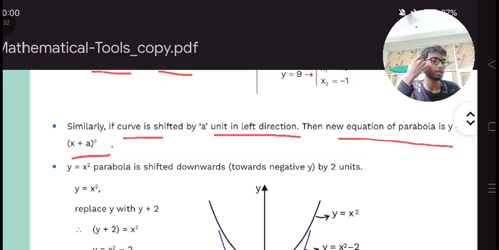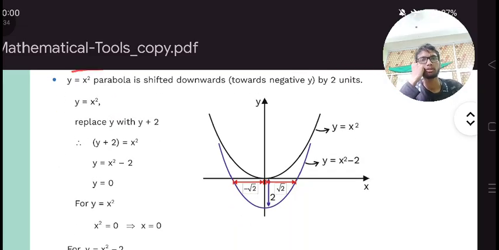What is happening over here? If the curve is shifted in this direction, and with how much unit? For example, y is 0, but x is an integer, but not 0.